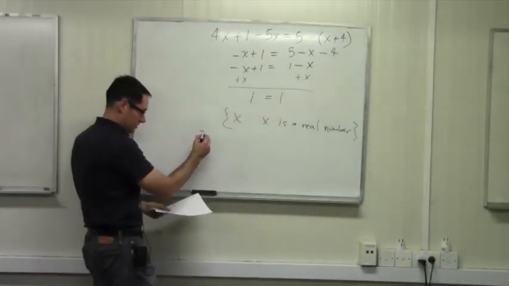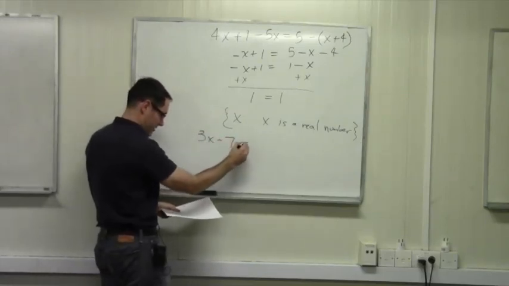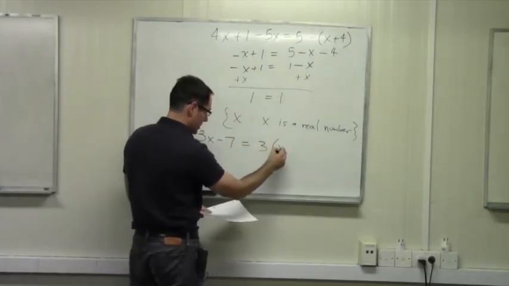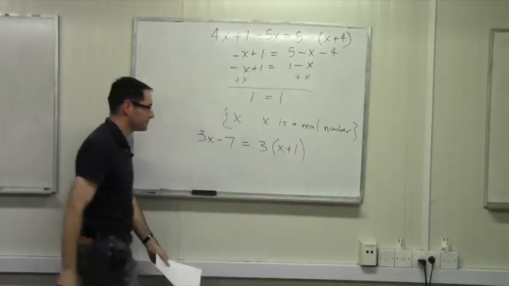Try this one. 3x minus 7 equals 3 times (x plus 1).